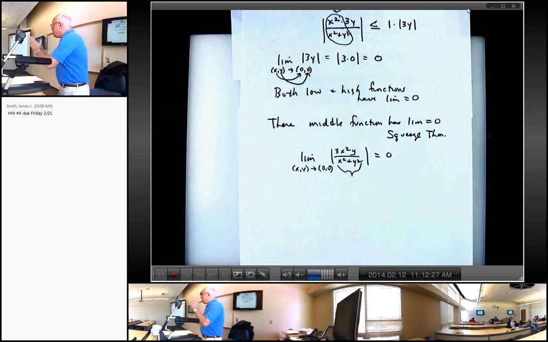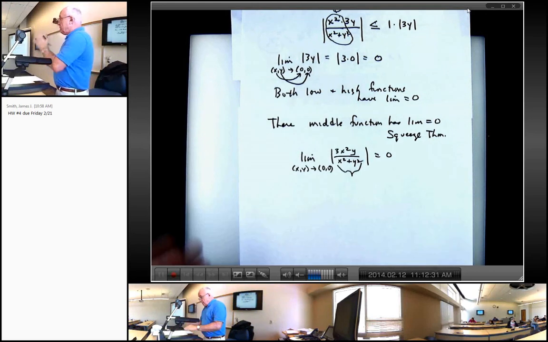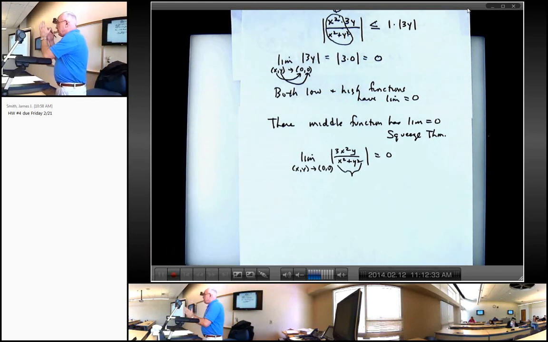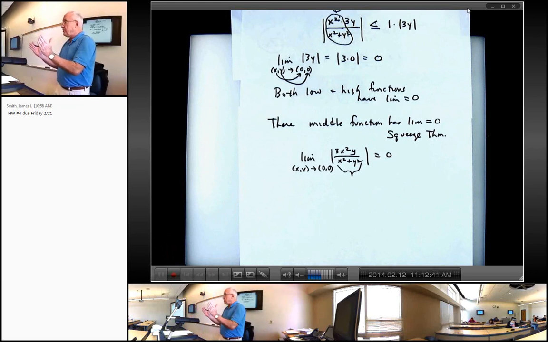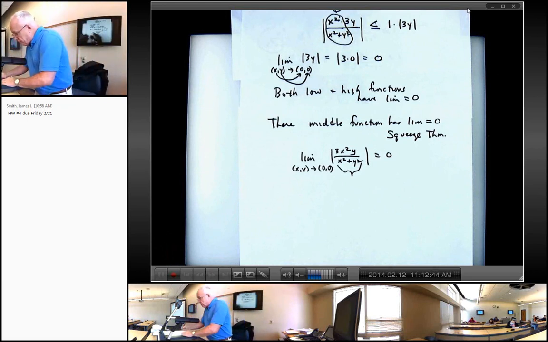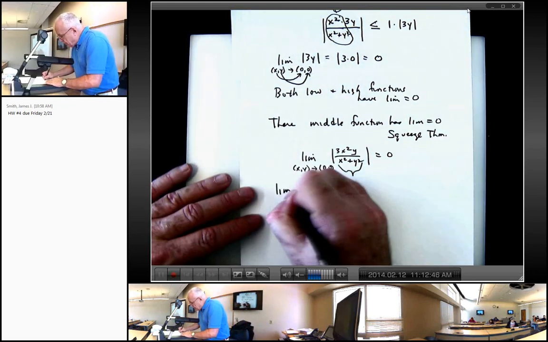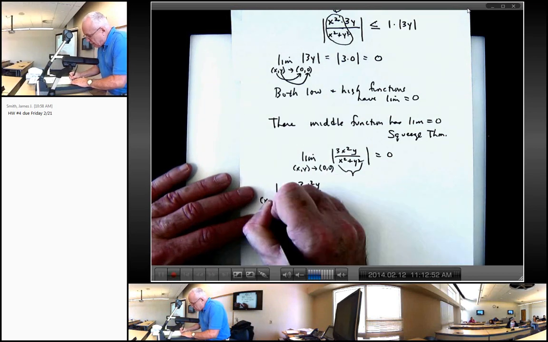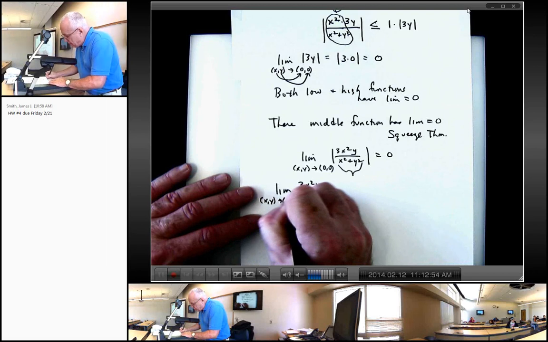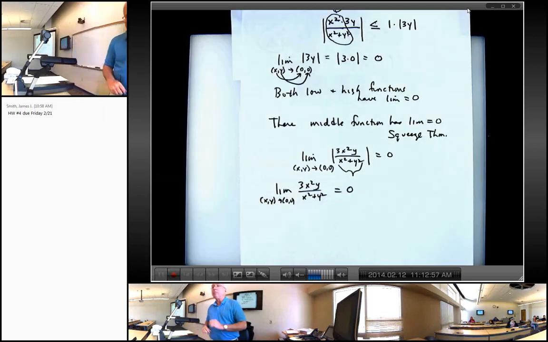If the limit of the absolute value of something is 0, then that something has to be 0. You can prove it formally, but I think we can all trust that that makes sense. So therefore, I've shown that the limit of 3x squared y over x squared plus y squared as xy approaches 0, 0 is indeed equal to 0 by the squeeze theorem.